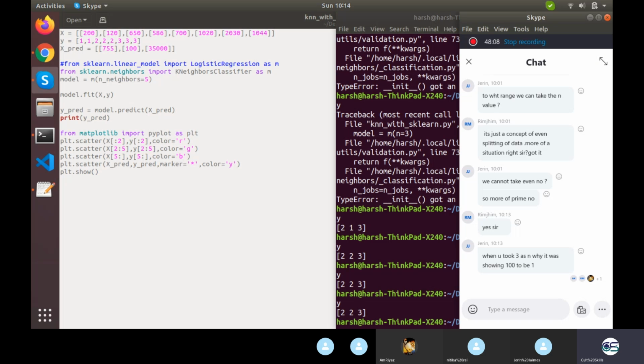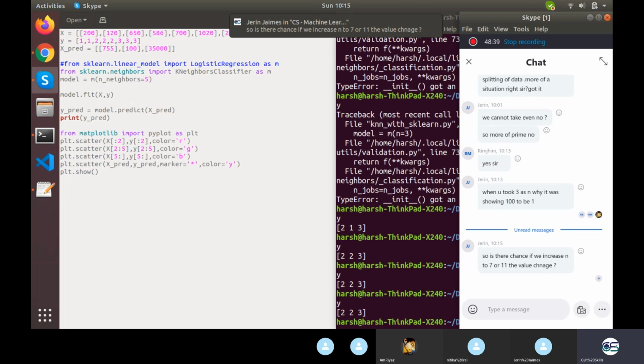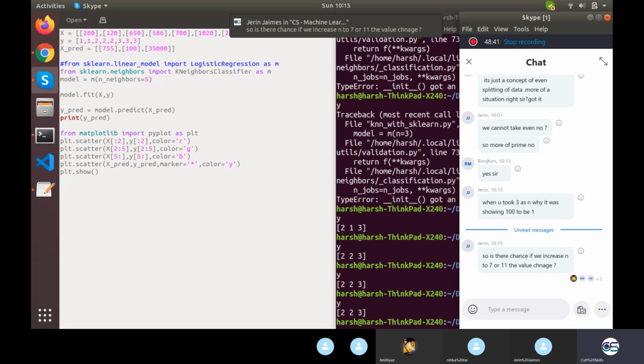Might be 2 has more weightage when there were 5 points, something like this. Yeah, the value is highly likely to change.